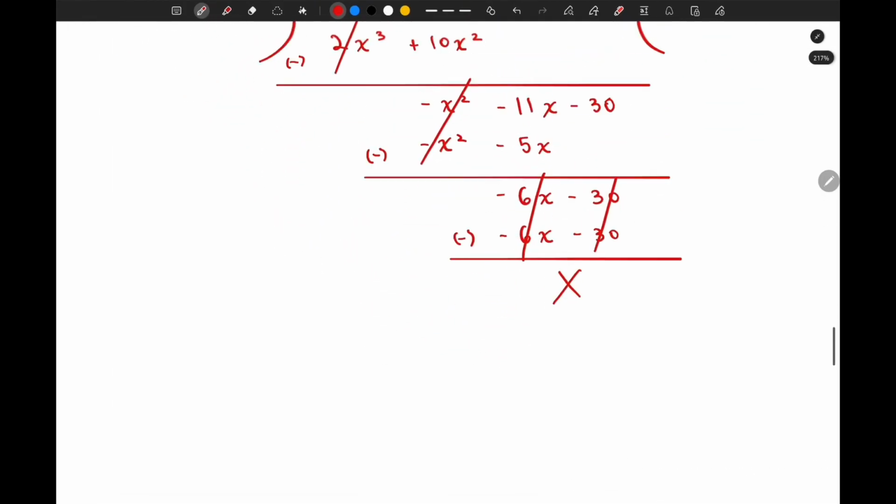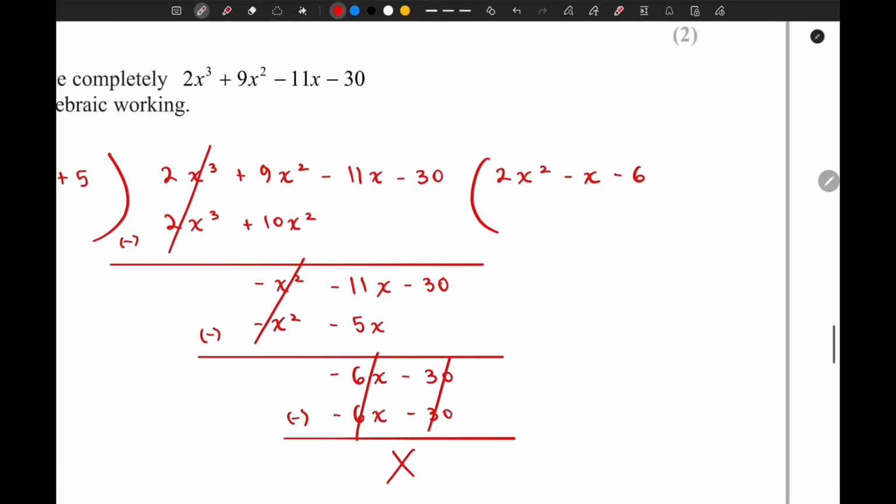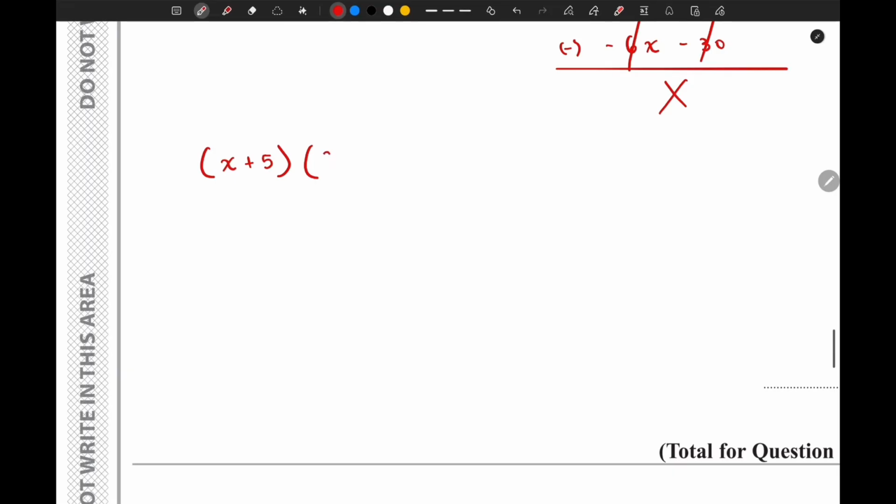So we can write this expression as x plus 5, which is basically the divisor, multiplied by the quotient value, which is 2x squared minus x minus 6. And we can factorize this further.